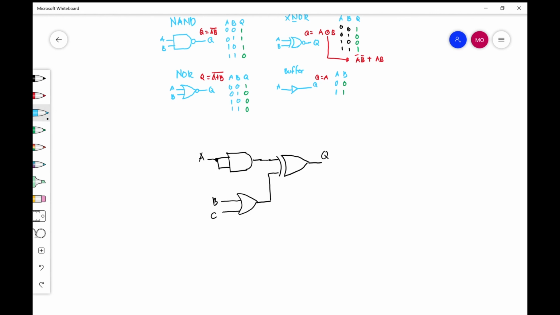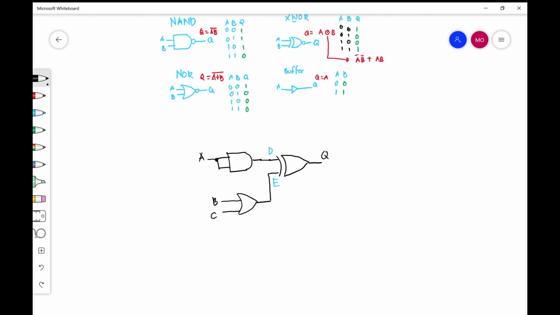This would be easy if you start from the output. So let me introduce another letter here. So A, B, C. This point here would be D, and this point here would be E. Okay.